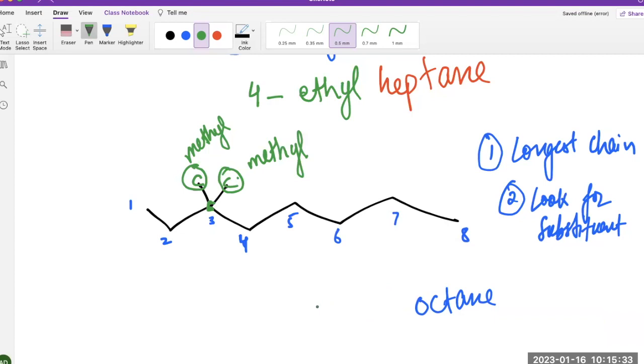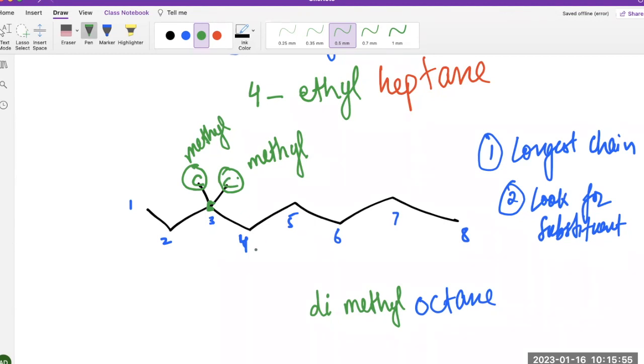So this is dimethyl. And keep in mind, guys, there's actually no space. I'm just writing down separately so you guys can tell how they're spelled. So dimethyl octane. So what is this telling me? That I have got 8 carbons and then I've got 2 methyls.